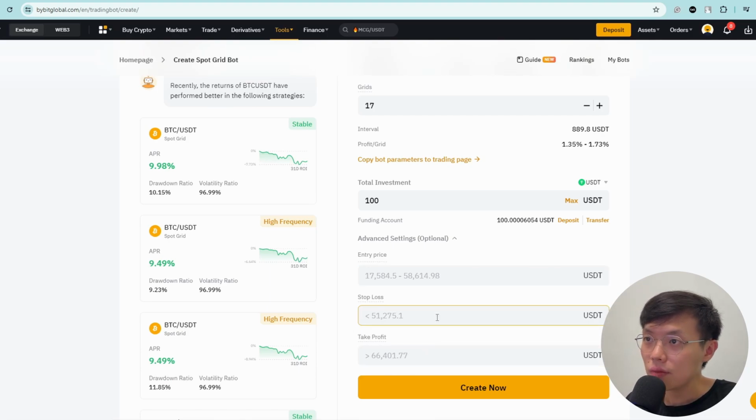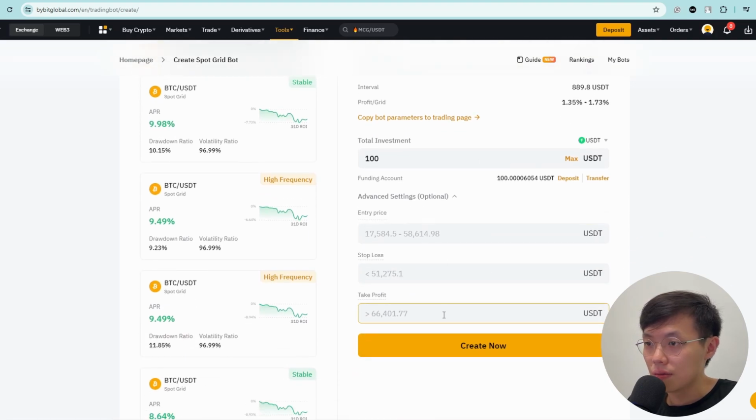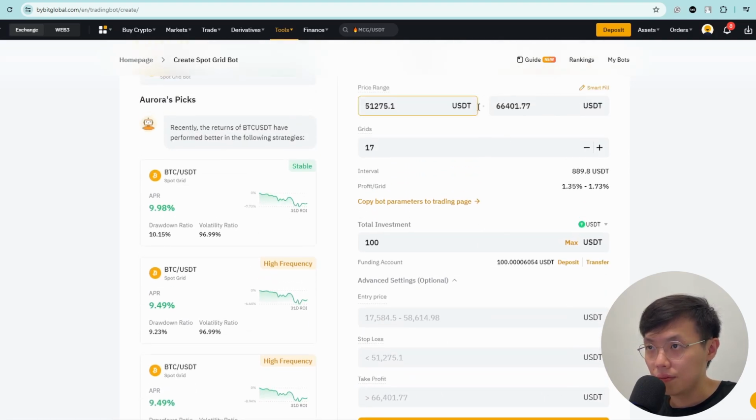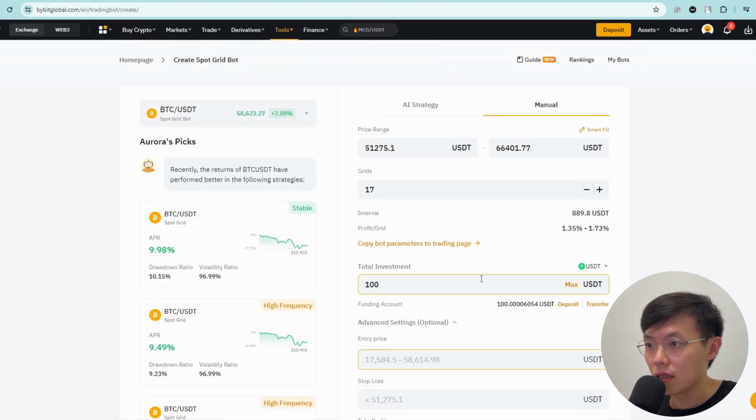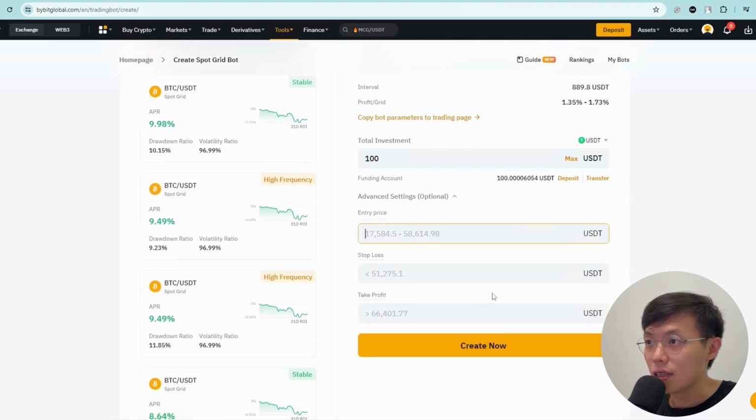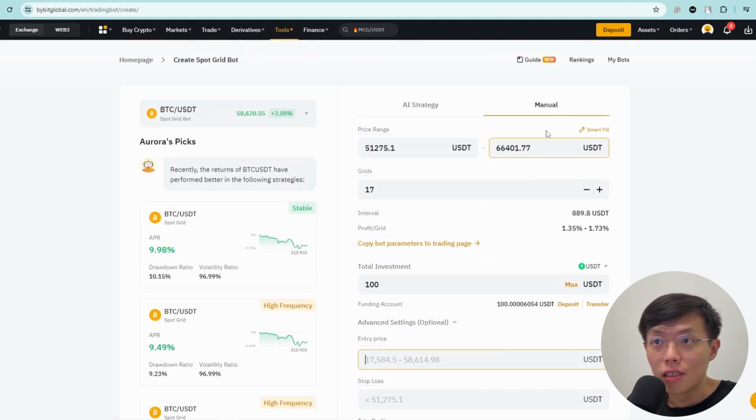Obviously, your stop loss has to be lower and your take profit has to be higher than your entry price. Do you want an entry price? You automatically enter at that price, and so on and so forth.